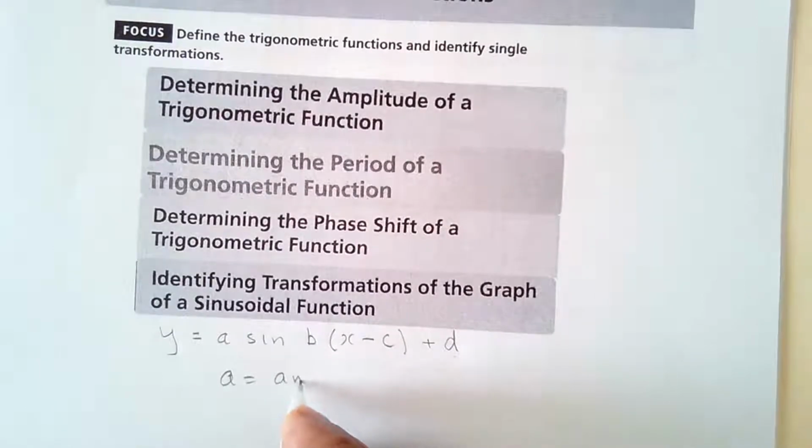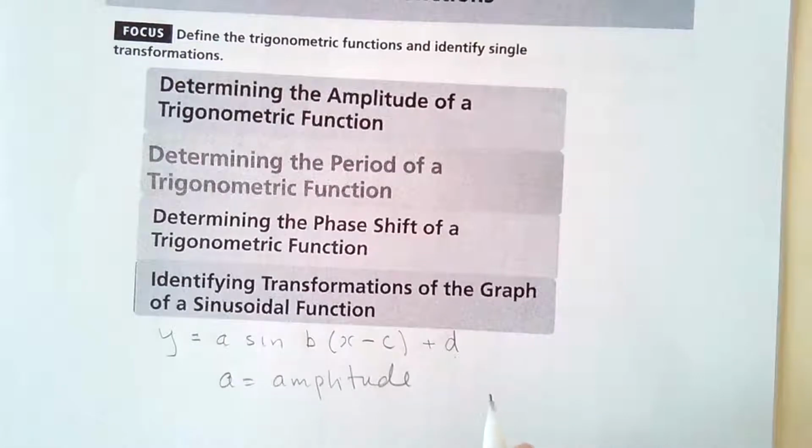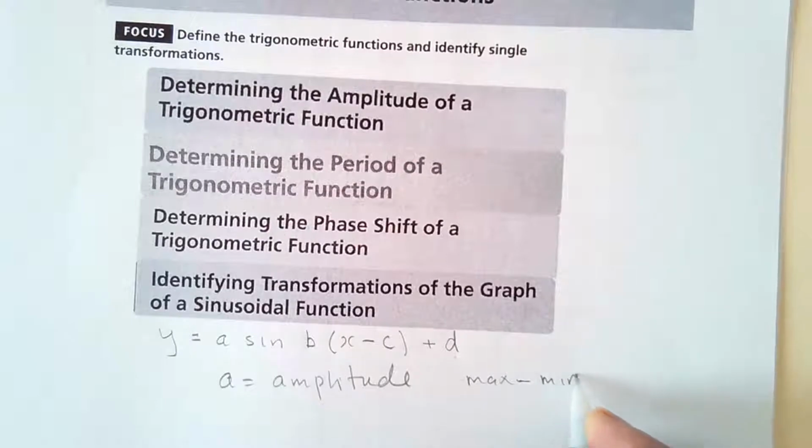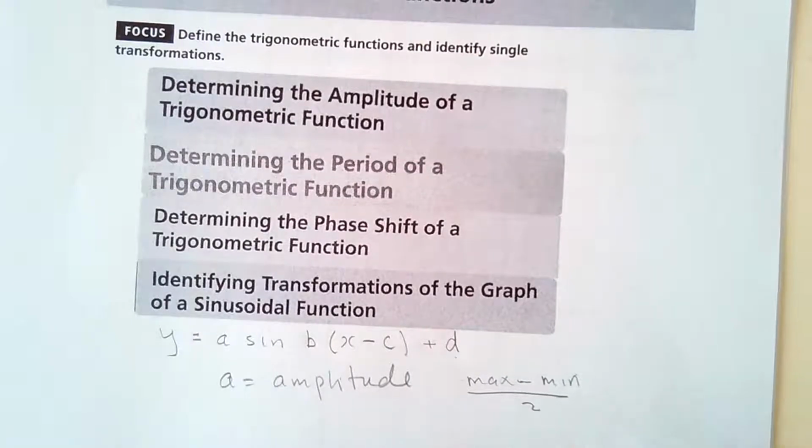So a is your amplitude. And we say the amplitude is your maximum value minus your minimum value divided by 2.